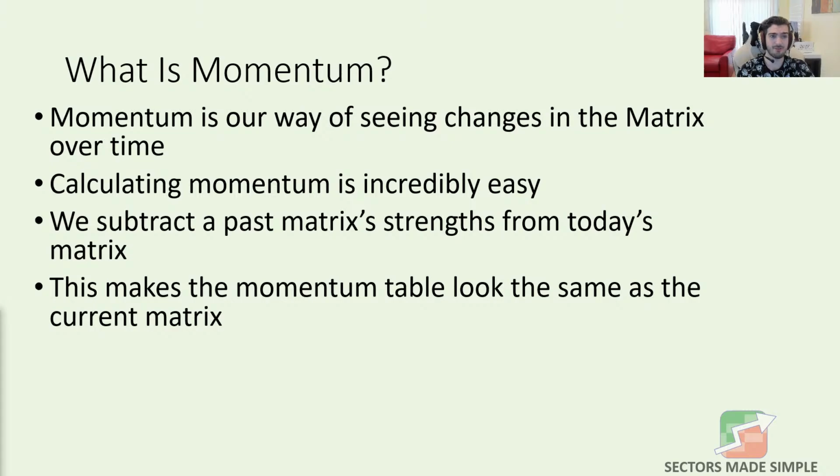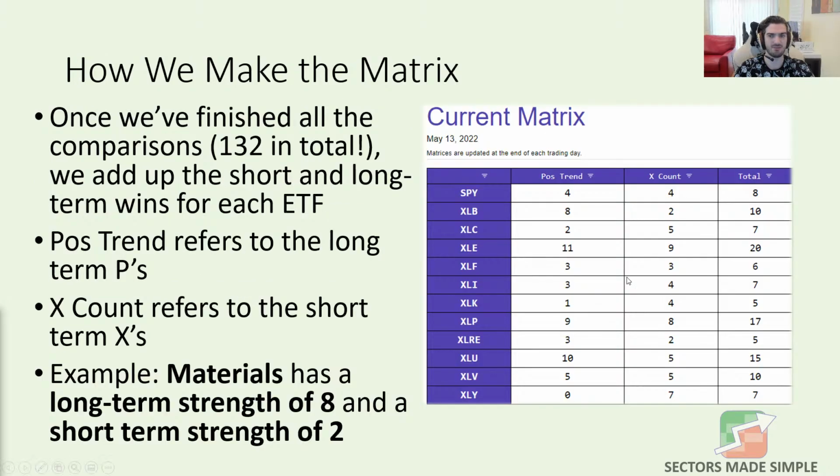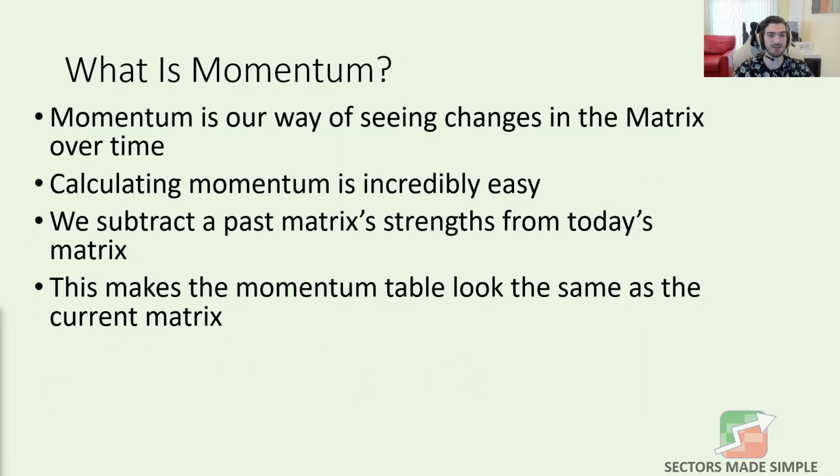And because this is all we're doing, when we start off with something that looks a little like this, and we're subtracting something that looks like this, what our momentum table is going to end up looking like is something like this. Well, I'm going to show you in 1 second.